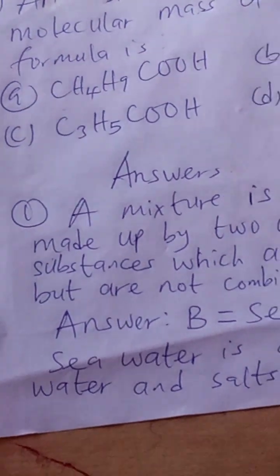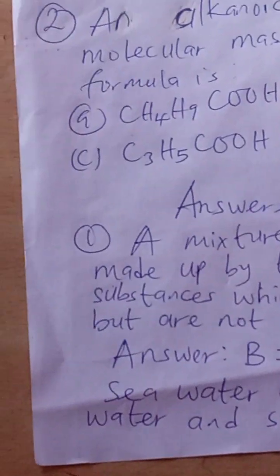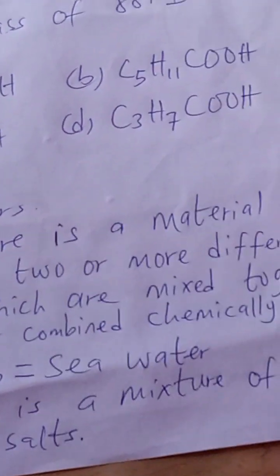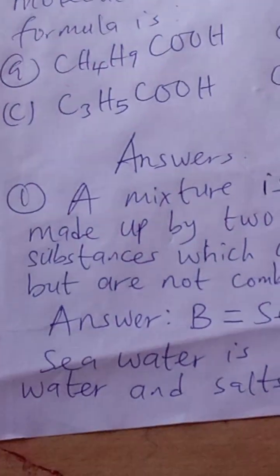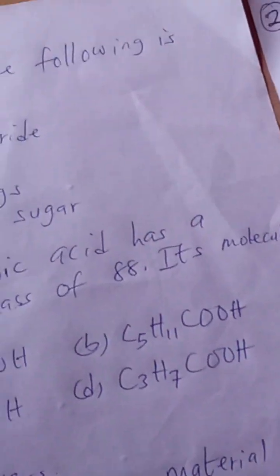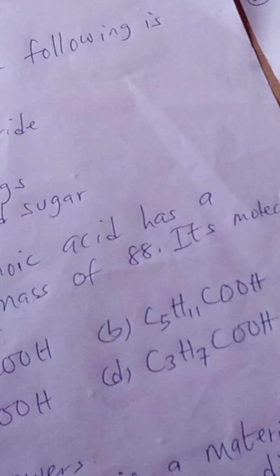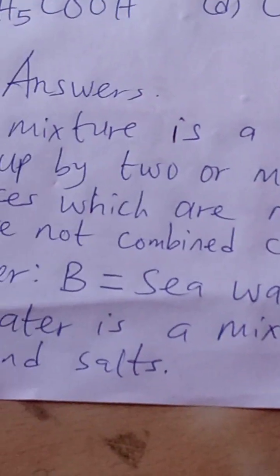So here the answer is seawater, because seawater is a mixture of sand, water and salt. So it consists of about three things, and they are not chemically combined together because they can be separated.